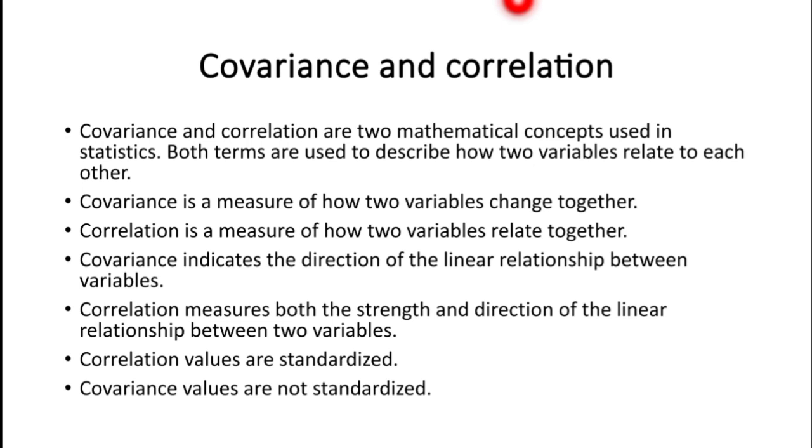In the same way, correlation is a measure of how two variables are related to each other. For example, I will consider two variables as 3 and 3. First variable is also 3, second variable is also 3. How much they are related to each other means 100% they are related to each other, because the two variables are same.